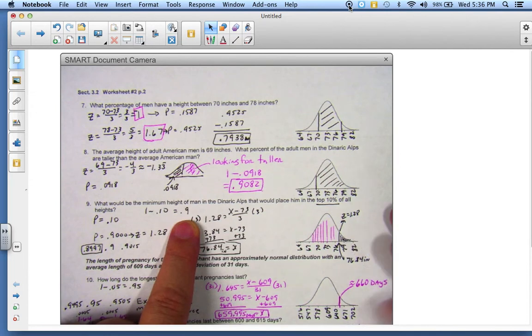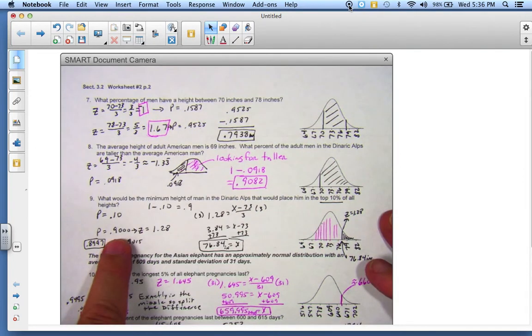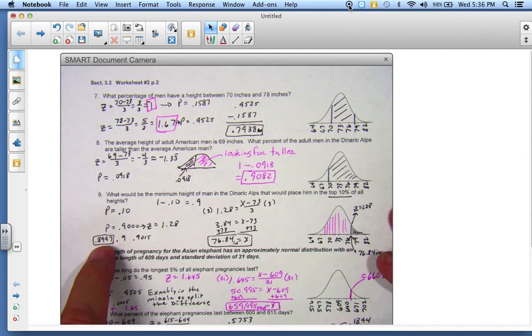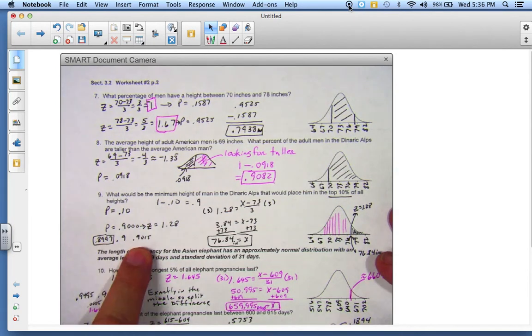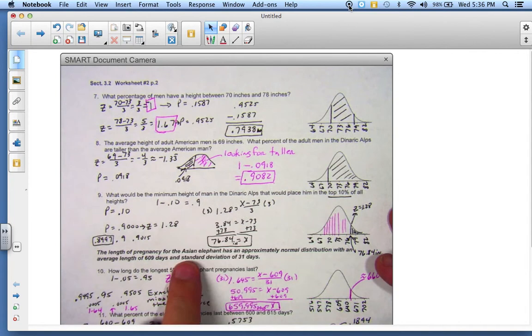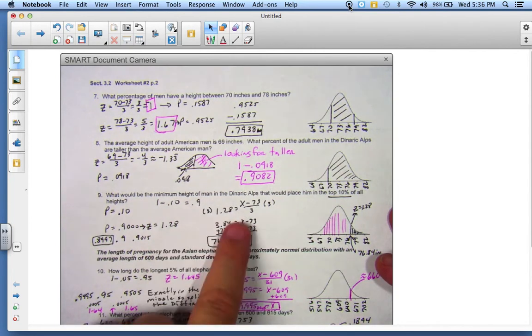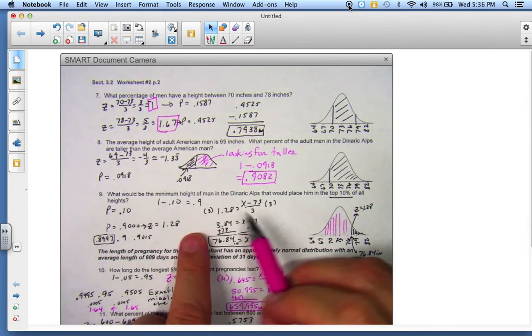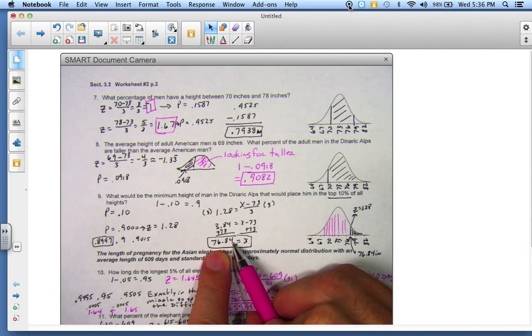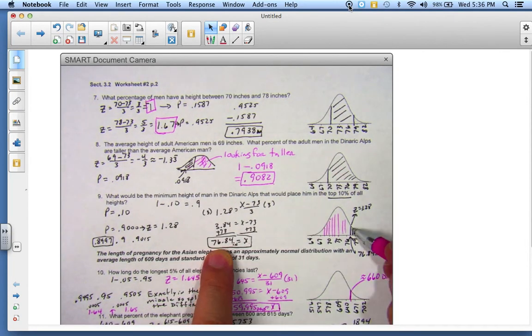So 0.90 is between 0.8997 and 0.9015. It's closer to 0.8997. That gives me a z-score of 1.28. I put it through the z-score formula, and that gives me an x of 76.84. So if a person is taller than 76.84 inches, they are in the top 10%.